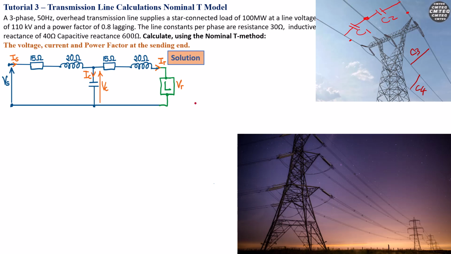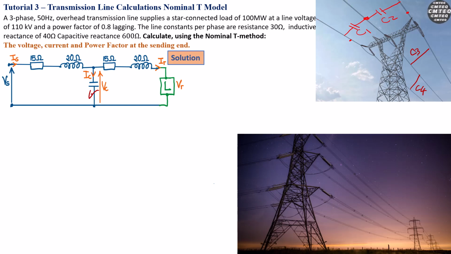So instead of doing that, we just lump the transmission line capacitance at the center of the line, like you see here. This capacitance basically becomes a single capacitance at the midpoint, the center of the line.